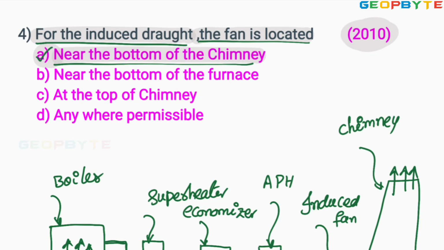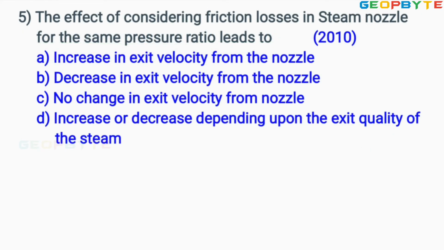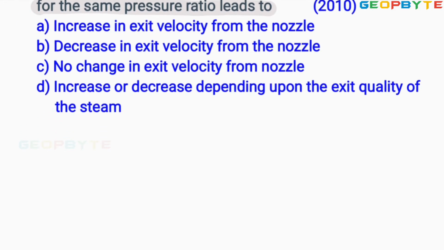Let us go for the next problem. Look at the fifth problem. The effect of considering frictional losses in steam nozzle for the same pressure ratio leads to. Dear friends, in general the steam is flowing through the steam nozzle reversible adiabatically.